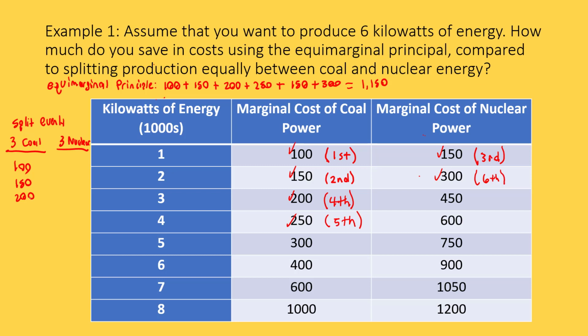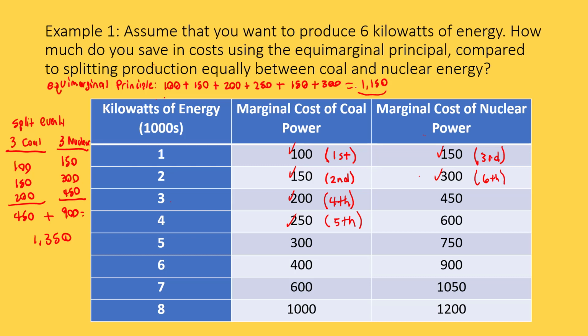And then the first 3 sources of nuclear, that looks like 150, 300, and 450. And then you just add those up, right? So we got a total of 450 coming from coal. We got a total of 900 coming from nuclear. Add those up and you get 1,350.